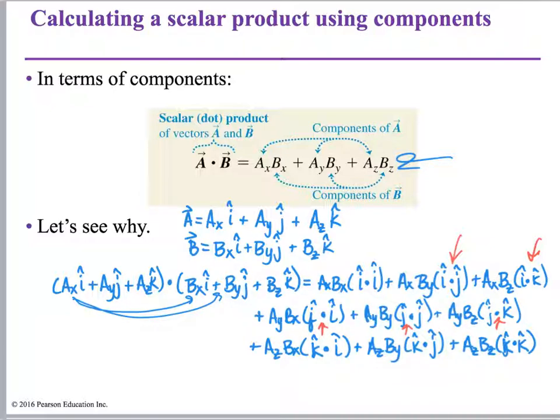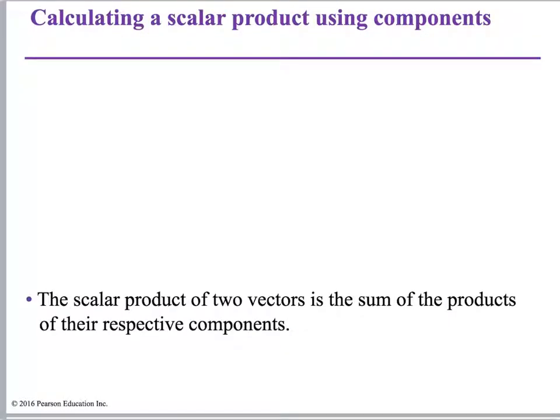So let's remember what the dot product, A dot B, is: just the magnitude of A times the magnitude of B times the cosine of the angle between them.